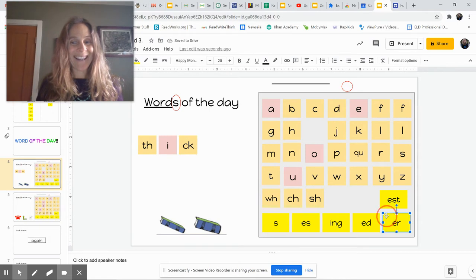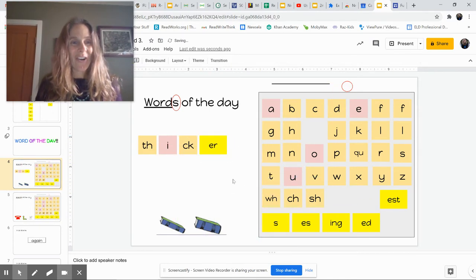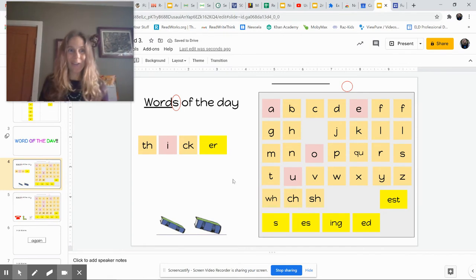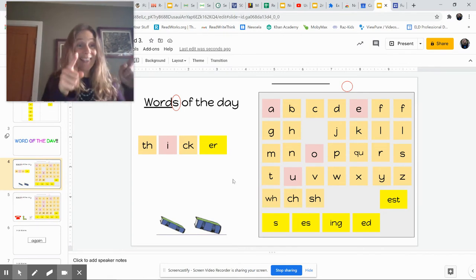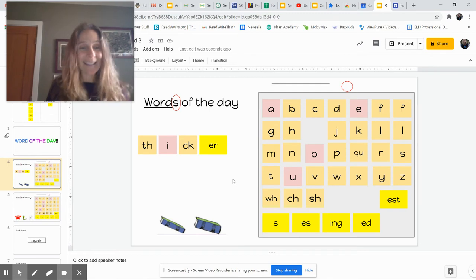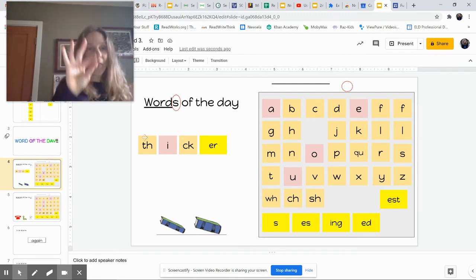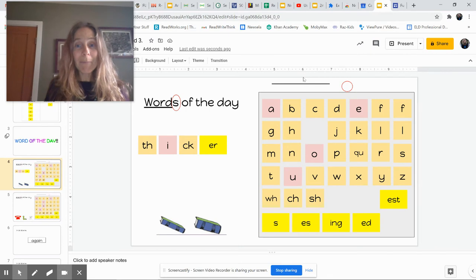There's my second digraph, and who's got it? If you said thicker, you are correct. Let me tap it out. Thicker. Excellent. And now let me mark it.